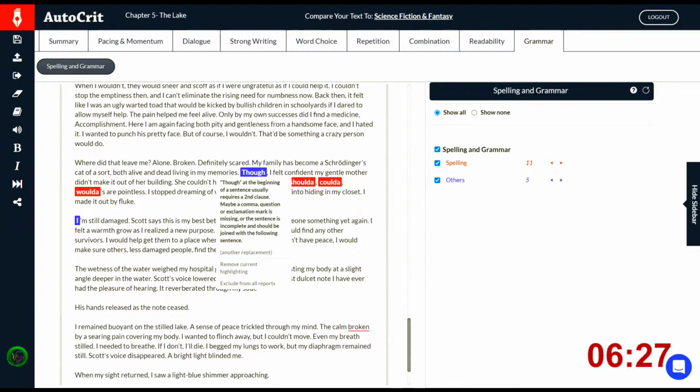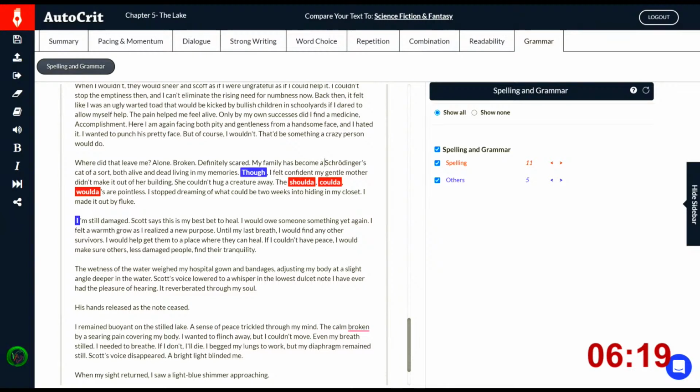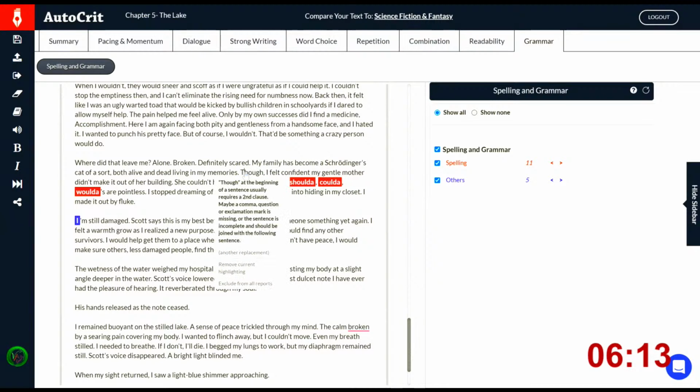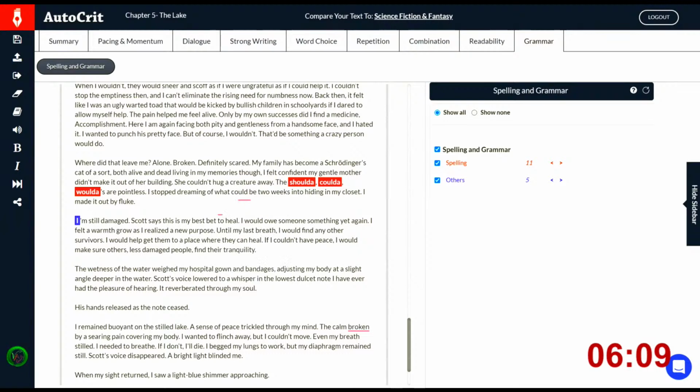All right. Oh, okay. So the sentence: my family has become Schrodinger's cat, sort of. A Schrodinger's cat of a sort, both alive and dead, living in my memories, though I felt confident my gentle mother didn't make it out of her building. So what it's saying is that it should not be a second sentence.